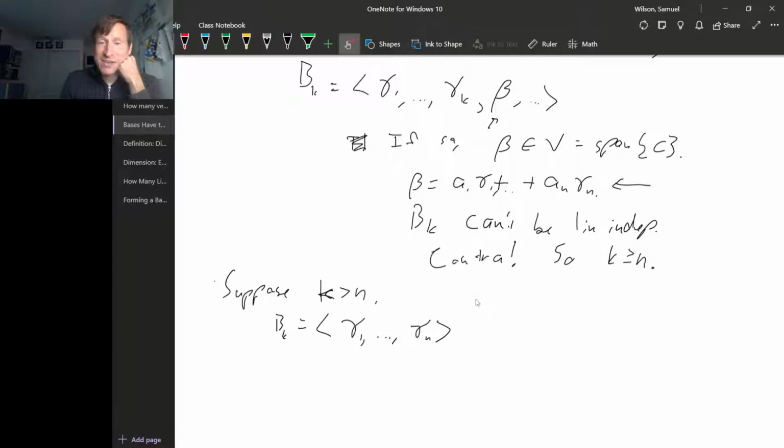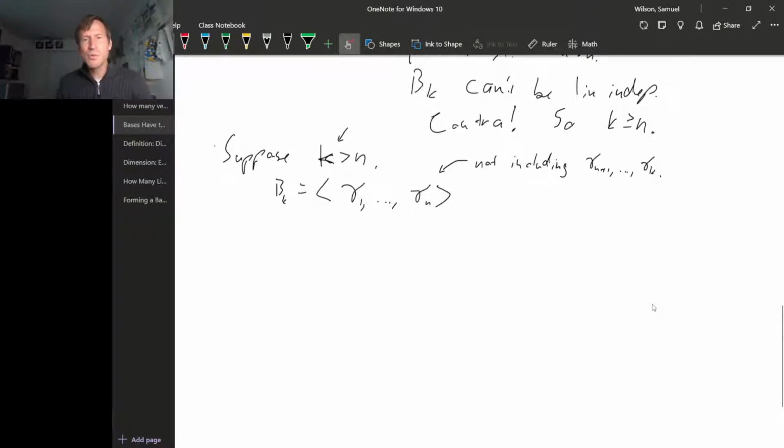And we have more gammas not in this list: all of the gammas left over, gamma sub n plus 1 out to gamma k. Because we're assuming we had more gammas than betas to begin with. We're assuming k is bigger than n. Well, in this case, B sub k spans V, which it must. Remember, using the exchange theorem over and over again told us that B sub k is a basis for V.